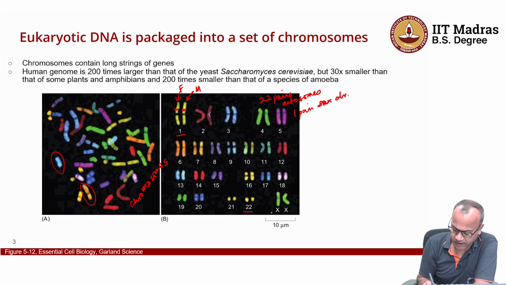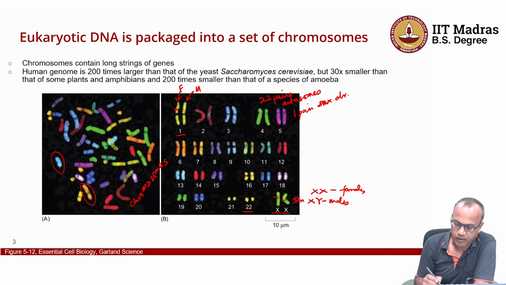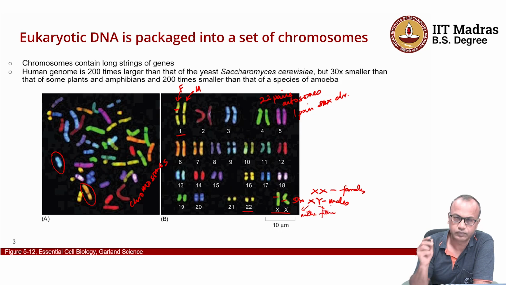The final pair of chromosomes, which is called the sex chromosomes, is XX for females and XY for males. In females they are still identical, one from father, one from mother, but in males the X chromosome comes from the mother and the Y chromosome comes from the father.